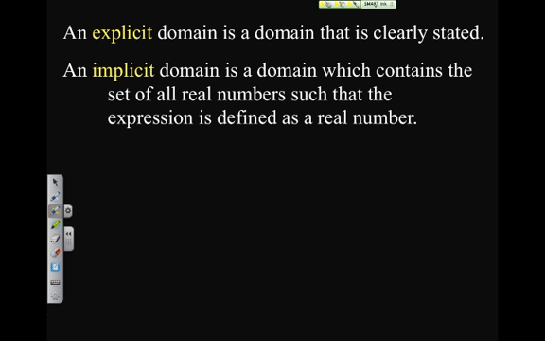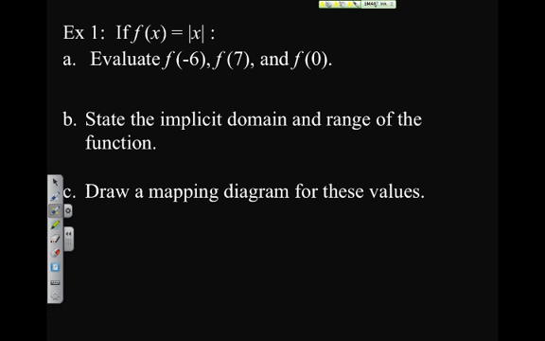Another possibility is fractions. We have talked about that you can't divide by 0. So a limitation here for an implicit domain would be we are going to use all the values except for the values that make a denominator equal to 0. We've talked about that in the past, but we haven't talked about the specific term for it.